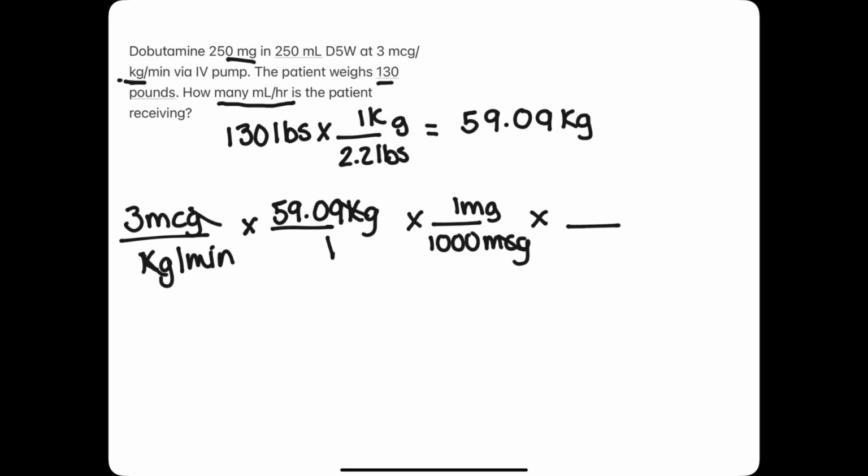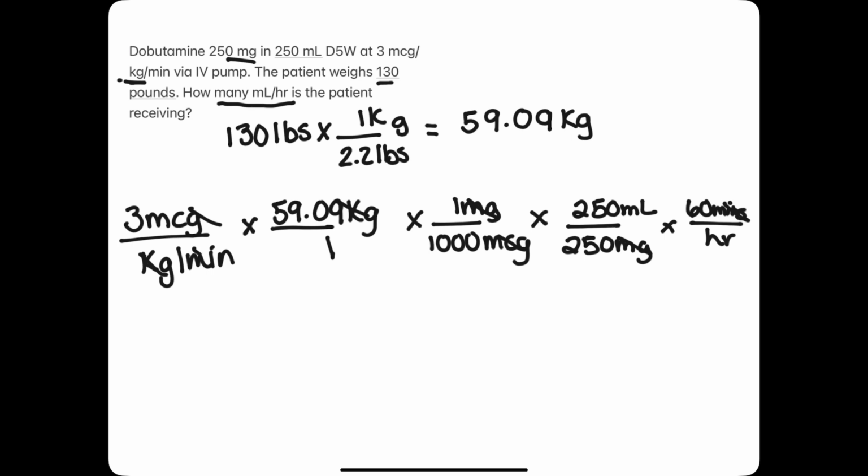So now we go back to the problem, and we got 250 mgs in 250 mLs. All right, so mgs cancel out, and we're left with mLs per minute. But our answer needs to be in mLs per hour. So we know that there is 60 minutes in 1 hour.